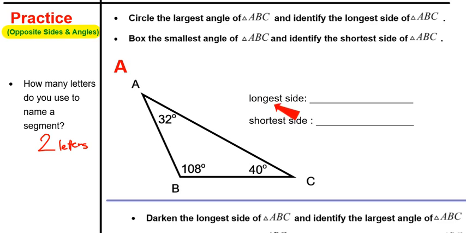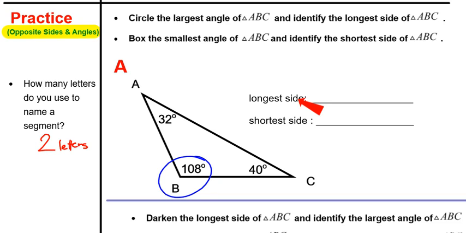So the first thing we're going to do is find the longest side. The question asked us to circle the largest angle of the triangle. So we go to the triangle, and clearly 108 is the largest angle. And then if we want to find the longest side, we know that it's related to that largest angle. It is always opposite of it.